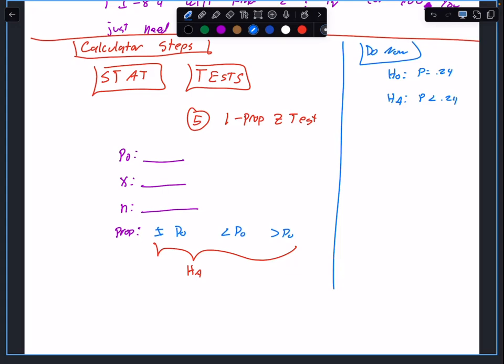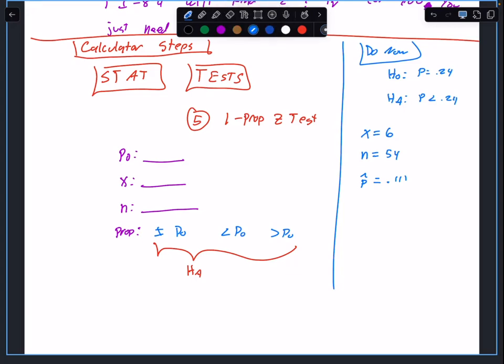We checked the assumptions, all good. We also found that there were 6 blue M&Ms out of 54 M&Ms, which gave me a p-hat of 0.111.